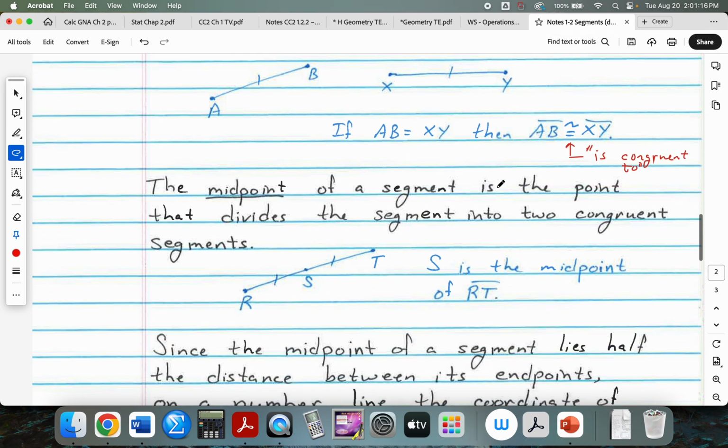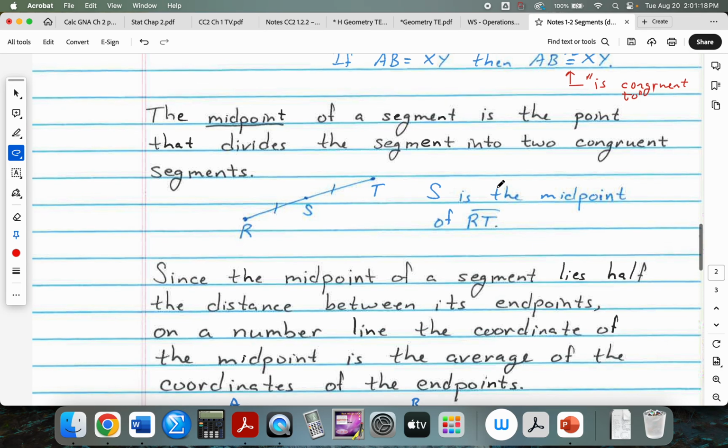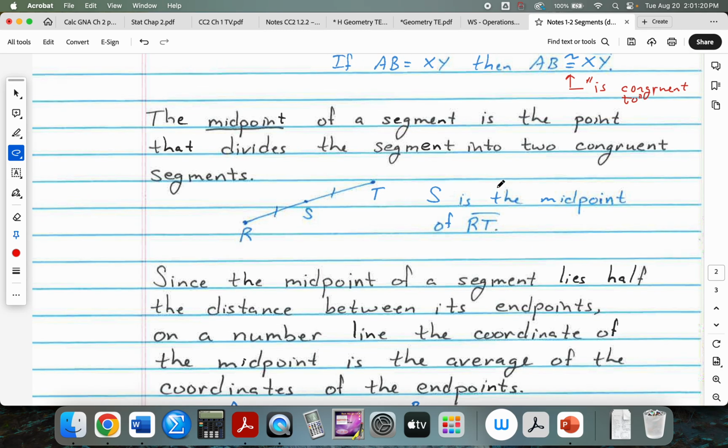The midpoint of a segment is the point, so that means there's only one, that divides the segment into two congruent segments. It's got to be exactly at the middle. That's why it's called the midpoint. So here, S is right in the middle. Notice the little slash marks, that's how we're going to mark the diagram.